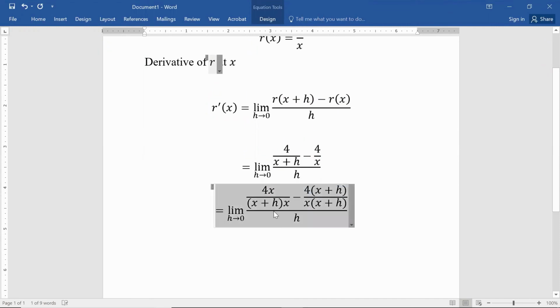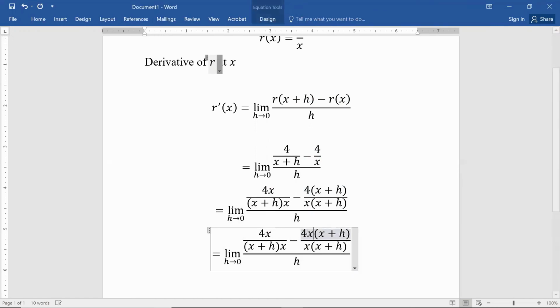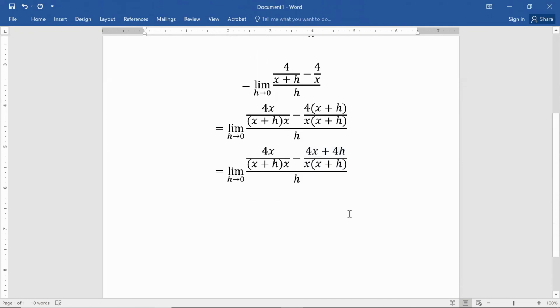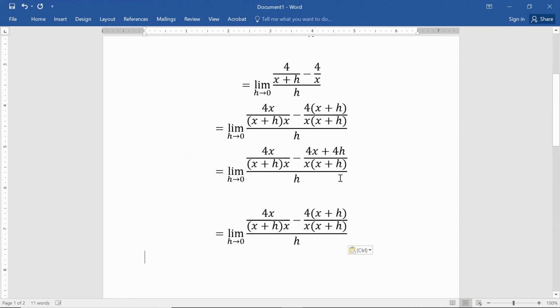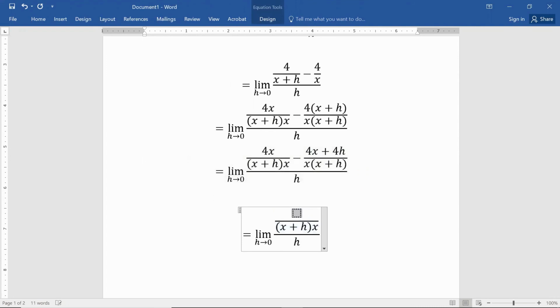Notice what that is going to do. I am going to distribute this 4 in. I'm going to get 4x plus 4h on the top of my second fraction. And then when I combine fractions, what happens is I end up with the 4x minus 4x canceling out, giving me 0 x's.